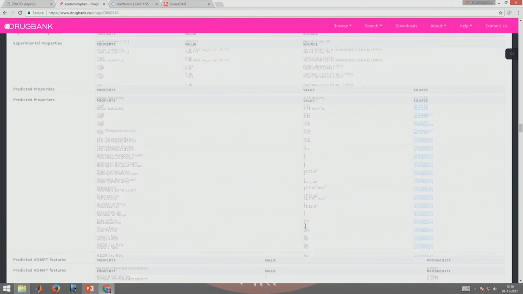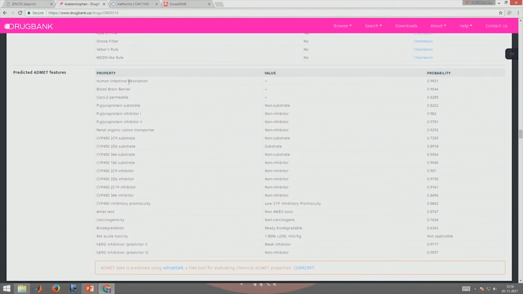So, it is very good bioavailable, and then you can see blood brain barrier, yes it may cross the blood brain barrier, very high probability. Human intestinal absorption, again it has got very high probability. P glycoprotein substrate, no, so it does not, and then biodegradation, readily biodegradable, and toxicity details are given.